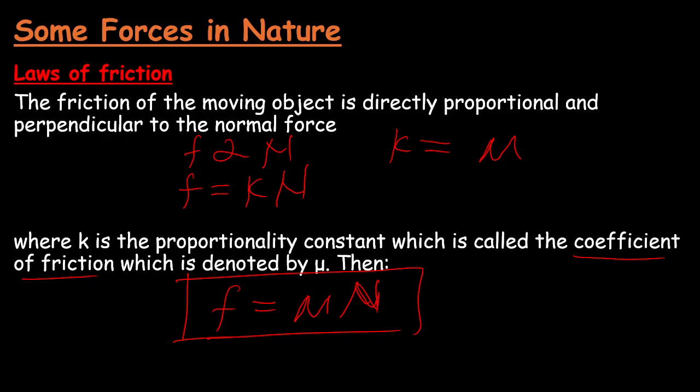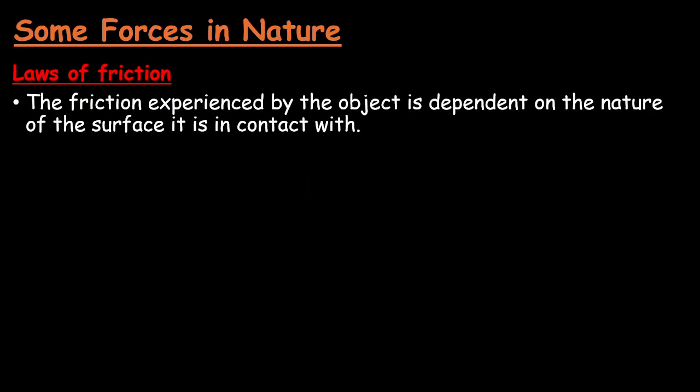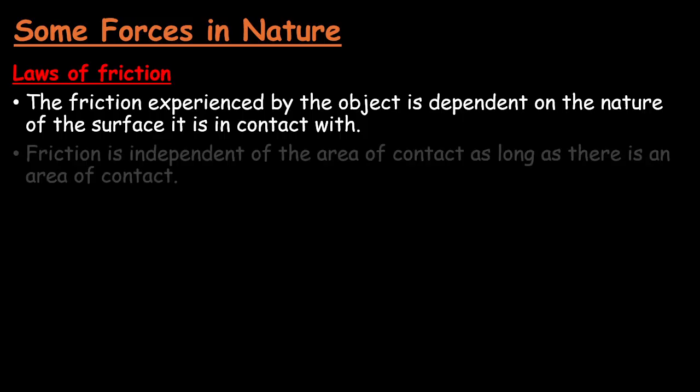Right, let's move on. The second law states that friction experienced by the object is dependent on the nature of the surface it is in contact with. So we can have a rough surface or a smooth surface. So friction would depend on the surface. Okay.